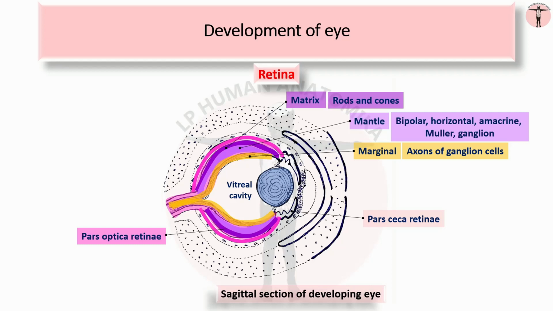Nerve fibers from the ganglion cells converge towards the optic stalk, which develops into the optic nerve. Because of this development, light impulses pass through most layers of the retina before they reach the rods and cones.